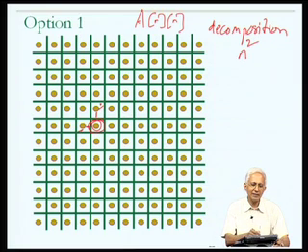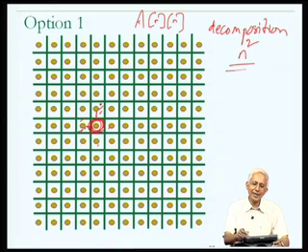I am talking about the green values that have to be used here, not the blue values, which are the values from the previous iteration, but the values from the current iteration. Therefore, there is a need for some synchronization. The computation for A of ij should not happen until the computation for the element to its north and to its west have completed, and that synchronization must be included in the parallel program.